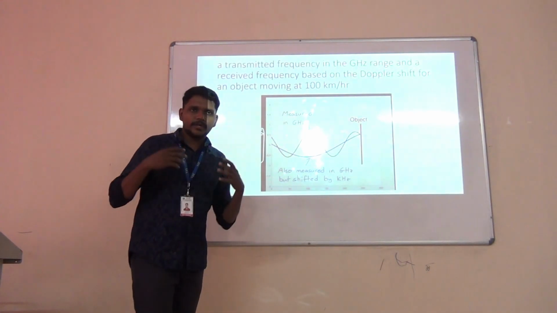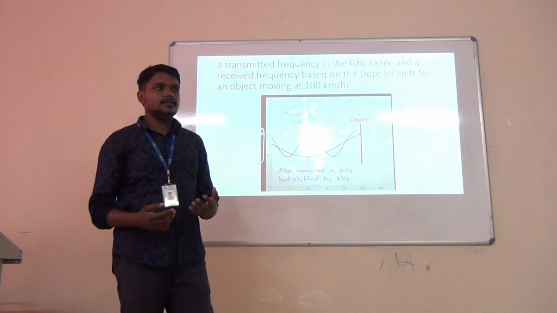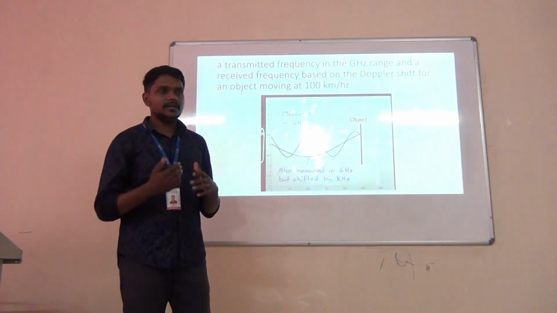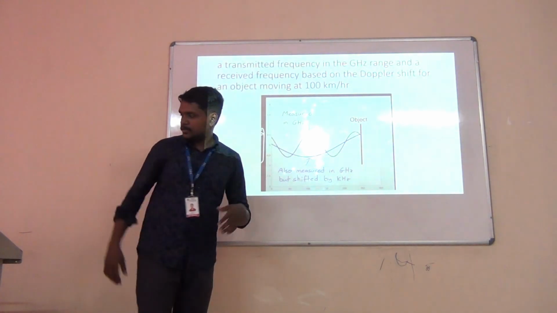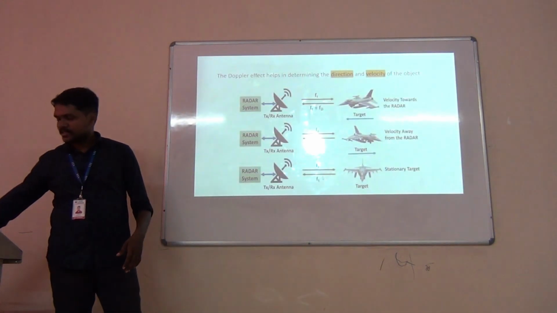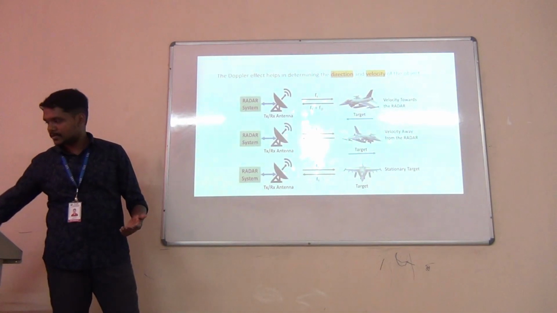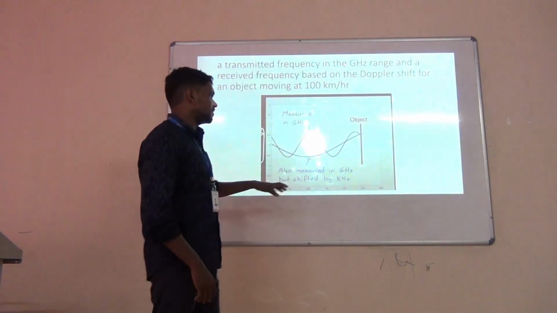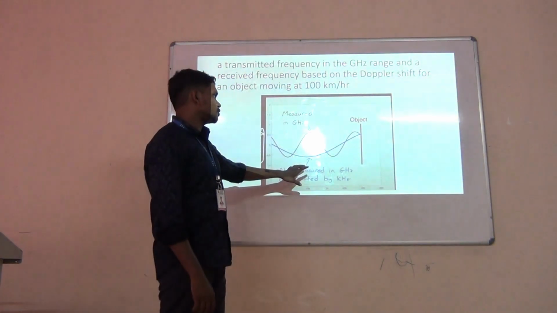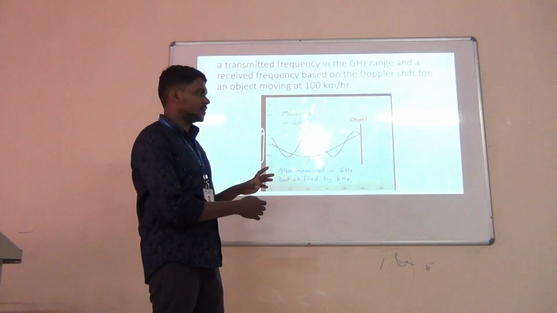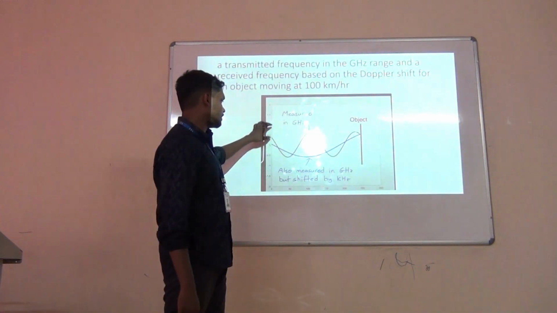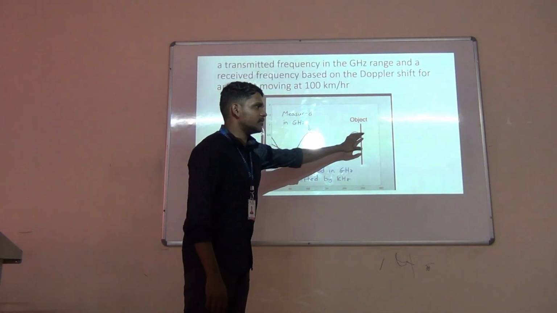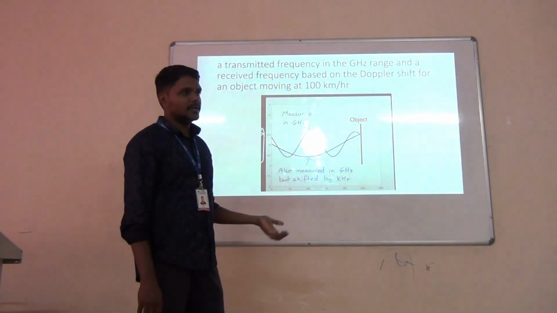But you can ask a question: the transmitted frequency will be about gigahertz, but the object will be traveling with a velocity of, let's say, 100 km per hour, which is comparatively very low, so the shift is only some kilohertz. If you plot Ft in a time graph, there will not be a major difference.